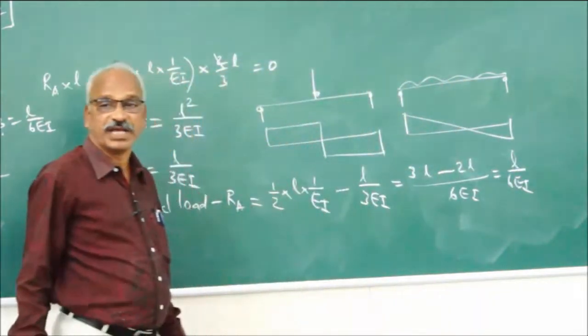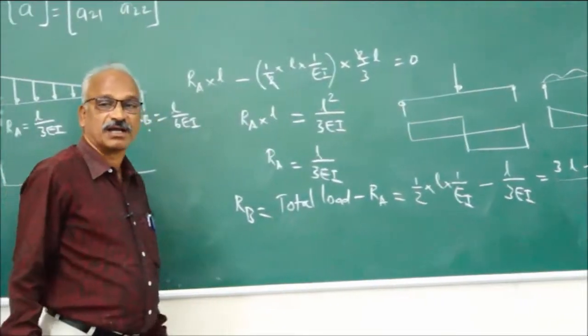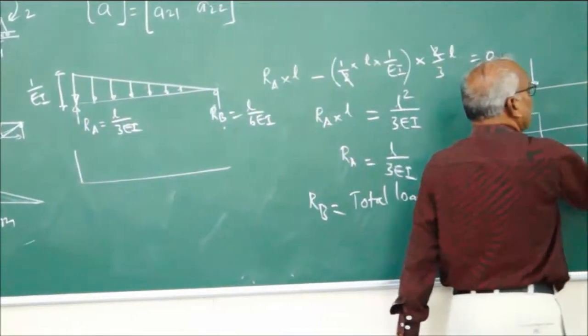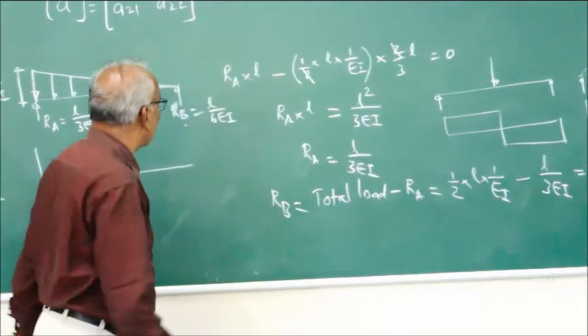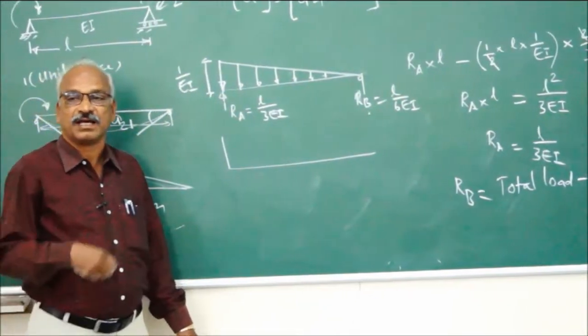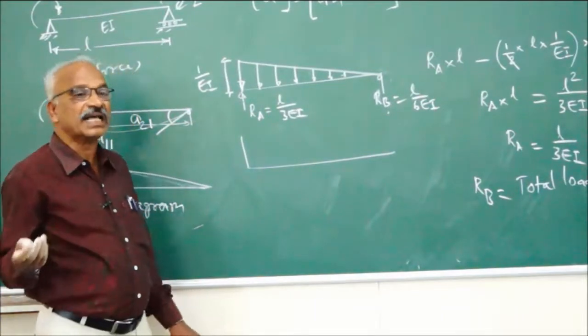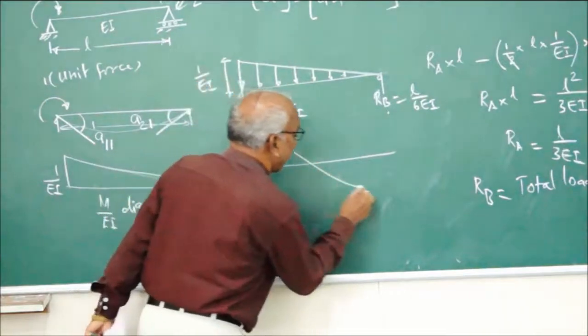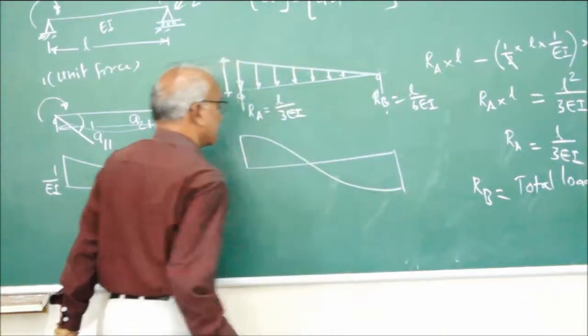Recall from memory: constant load gives linear variation. But this is a uniformly varying load, so it will be a parabolic, second degree variation. So you will have a curve like this, and this is RA.